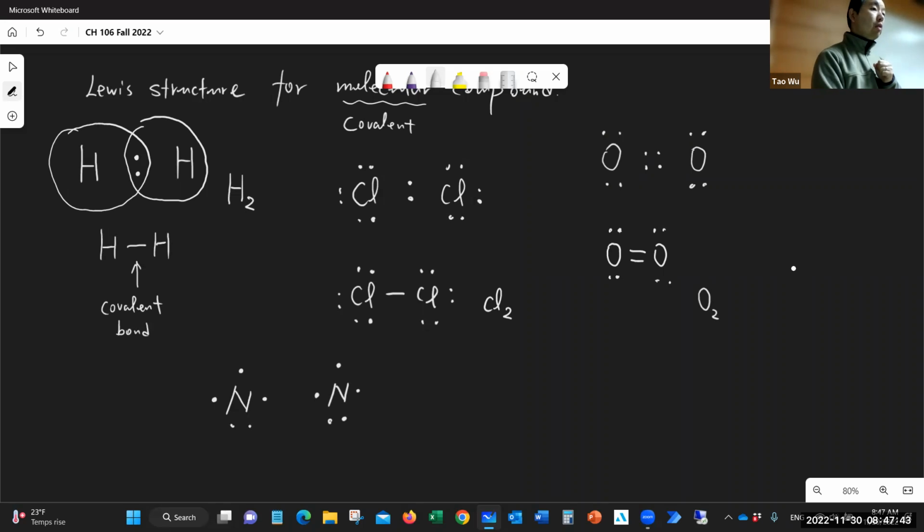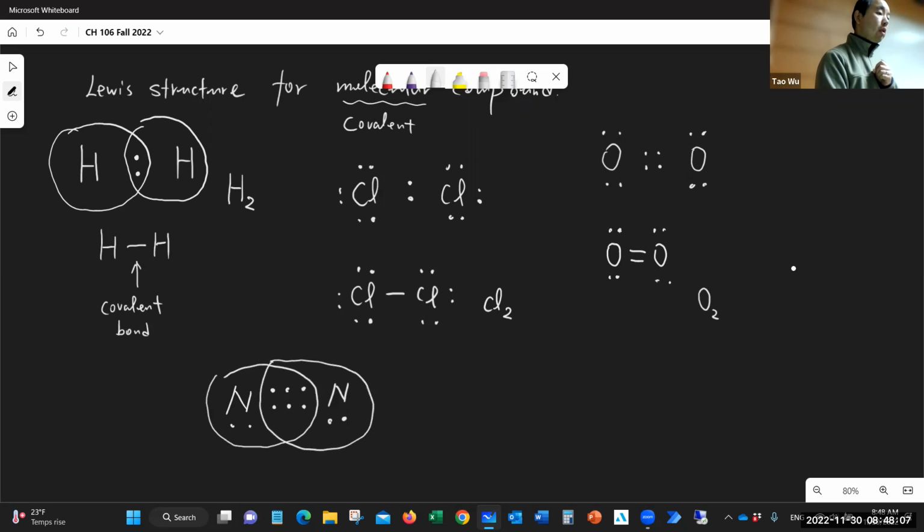So each nitrogen is going to give away 3 electrons and have 3 paired electrons, and those 3 paired electrons make 3 bonds. In this case, each nitrogen will have 8 electrons. You see, this is 6 plus 2, that's 8, and this is 6 plus this 2, also 8. So this nitrogen makes a triple bond, and nitrogen gas is N2, not just N.